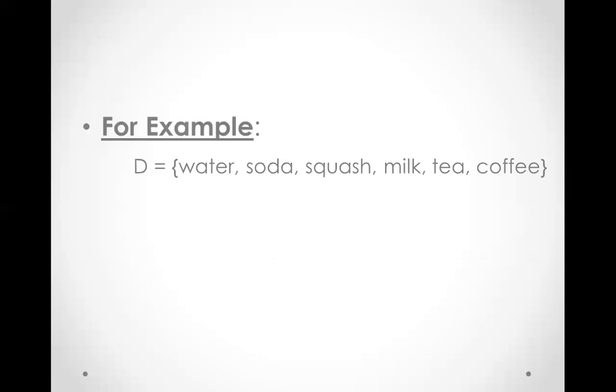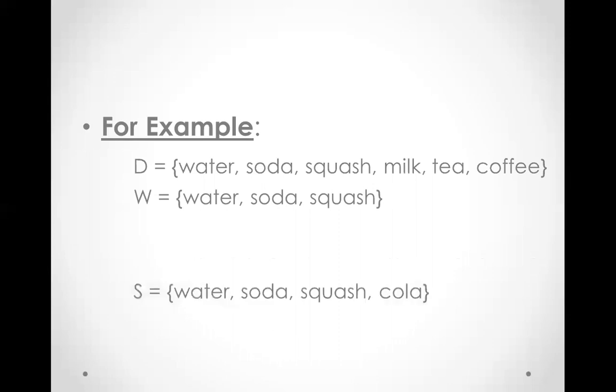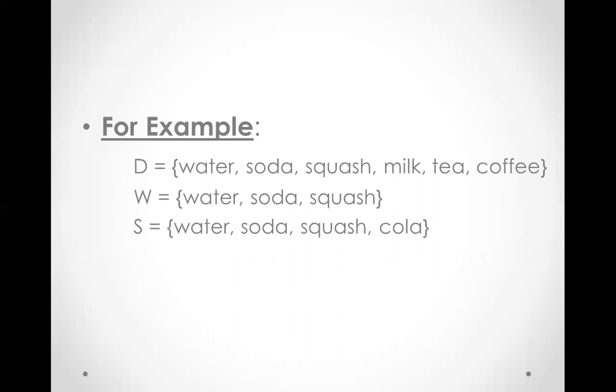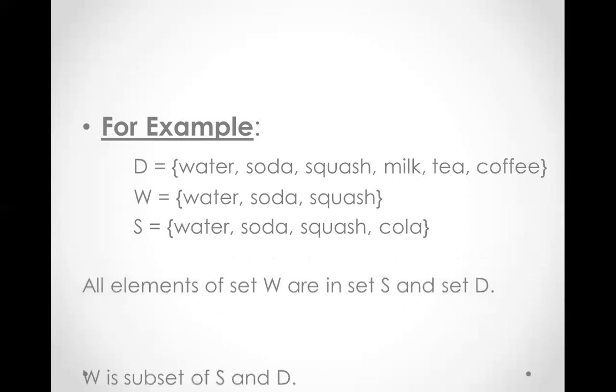D is equal to water, soda, squash, milk, tea, and coffee. Now W is equal to water, soda, squash. And S is equal to water, soda, squash, and cola. Now we have three sets.